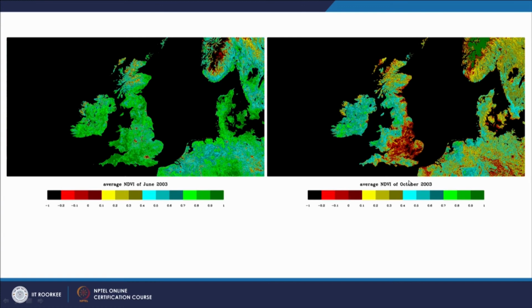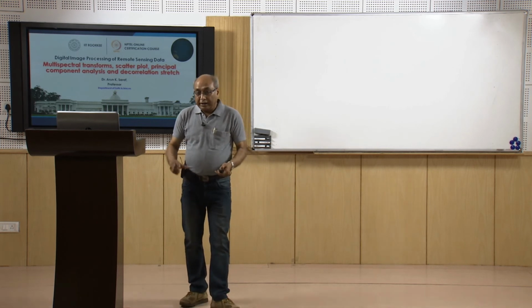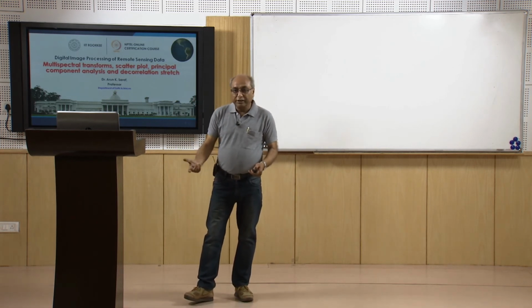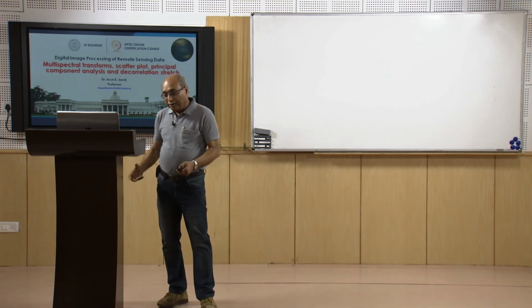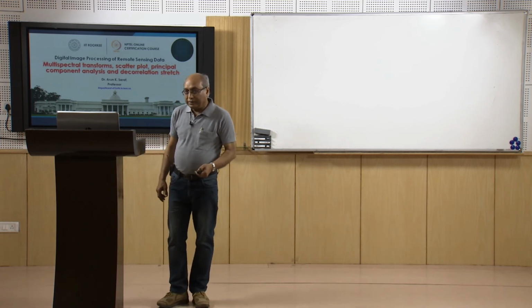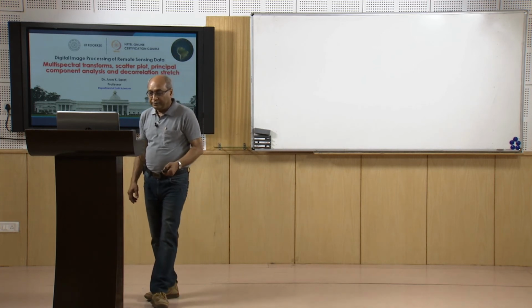In October, because this is the onset of winter, you have a very low NDVI value, but in June you have full greenery and NDVI is touching even up to 1. So you can assess the vegetation cover, because generally we employ coarse resolution data, at country scale or continental scale, and the vegetation conditions can be assessed.